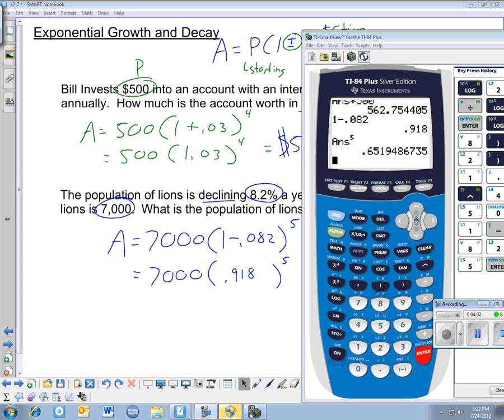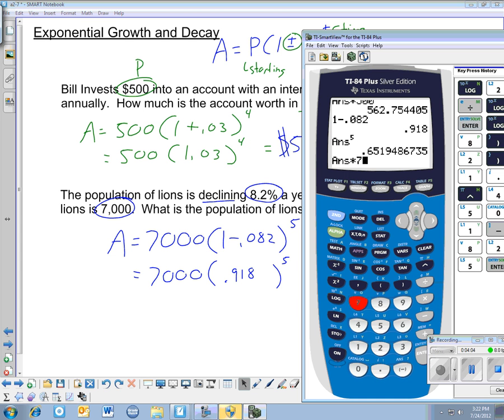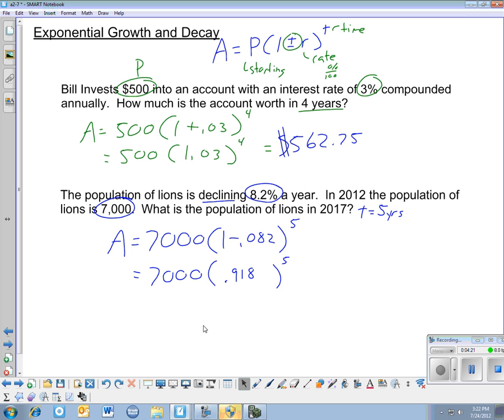And then the last thing we do is times the starting value, 7,000, and we get an answer of 4,563.64, but we can't really have 0.6 of a lion, so we kind of just cut the decimal off there, and we'll just say 4,563 lions.